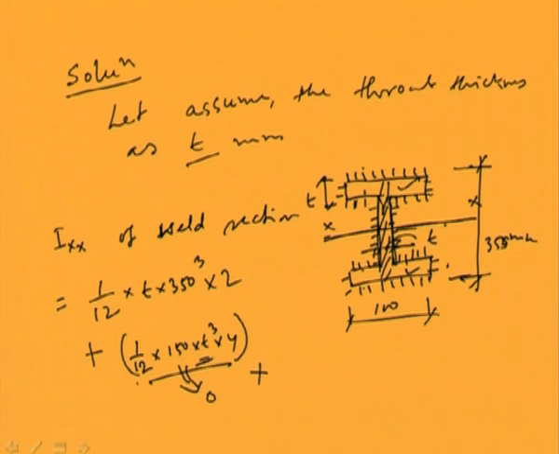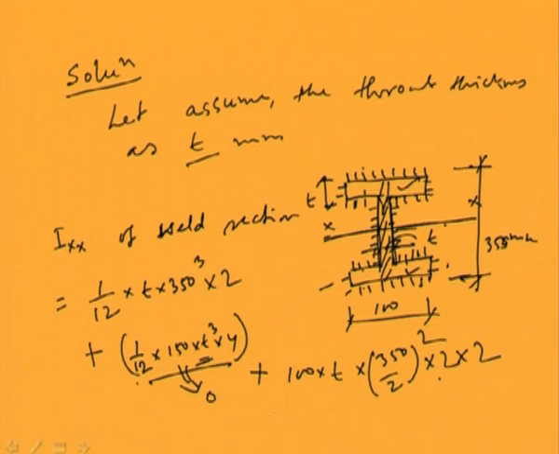Then the A R square term: the area we know is 100 into T, into R square, which means 350 by 2. This is for 1 side, and for 2 sides this will be into 2, and for 2 flanges into 2.